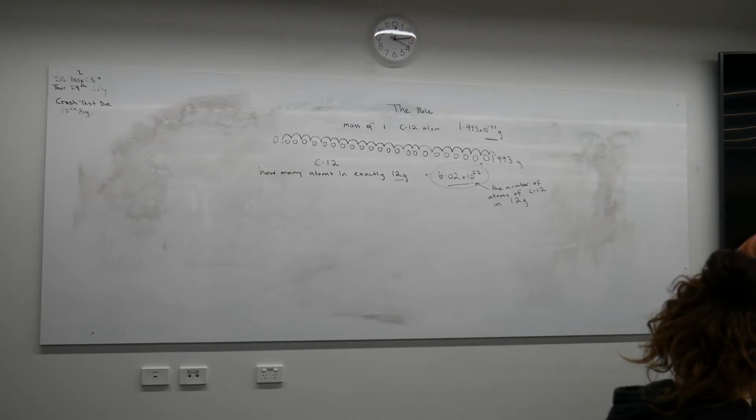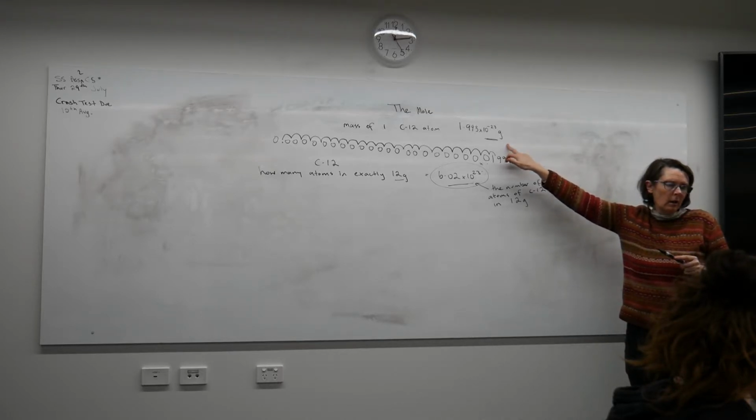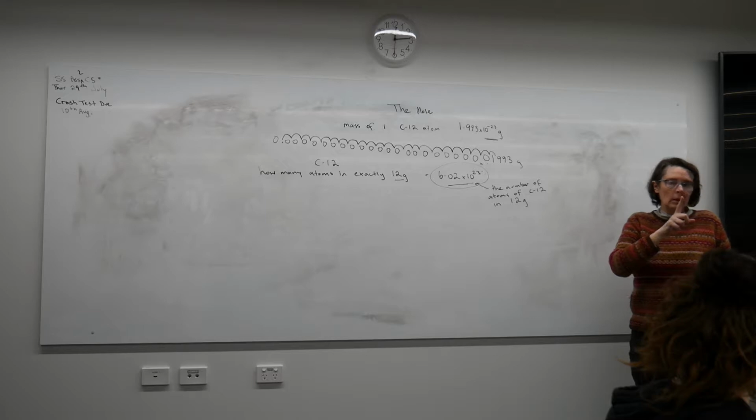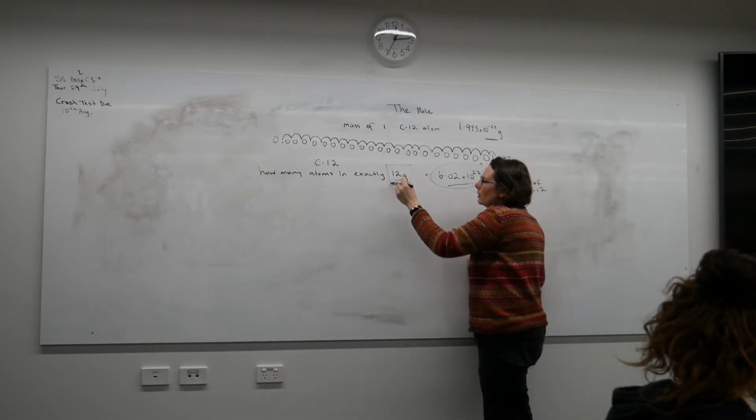Now this is a very difficult mass to weigh in the lab. And it would be really hard to see a chemical reaction occurring with just one atom. And so what we want to know is, how many atoms are in 12 grams?